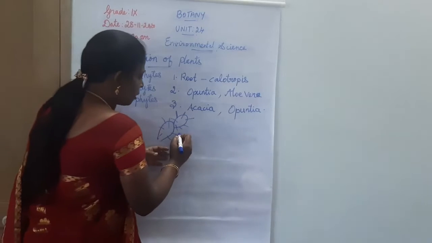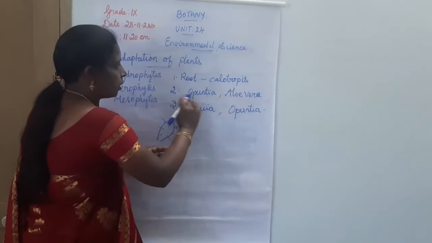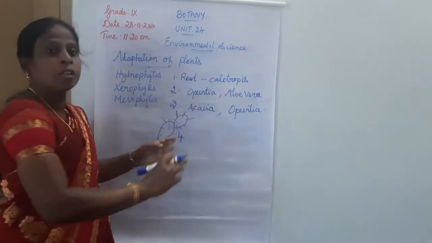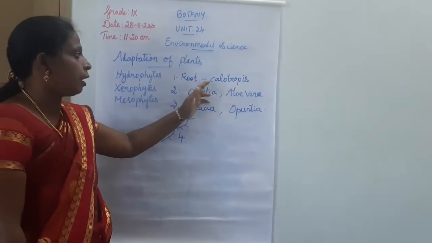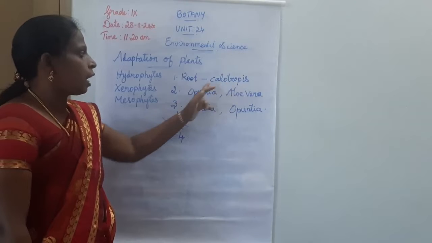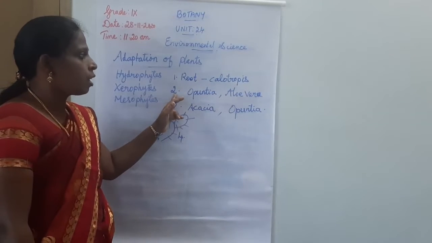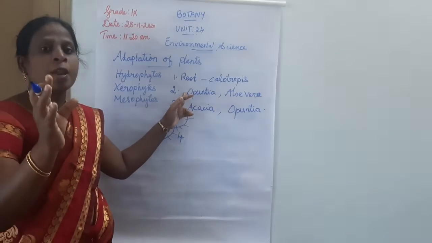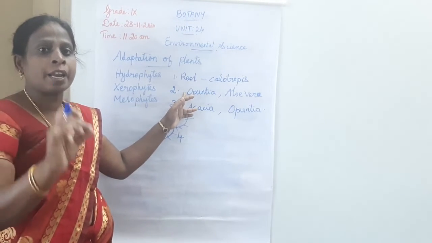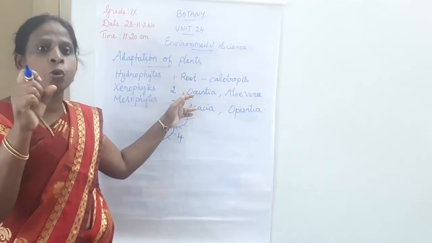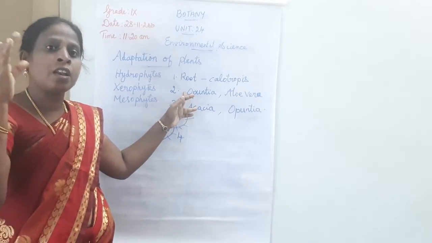The first one is root. About the root, the roots grow very deep into the soil where the water is available. Example, calotropis. Second one is the succulent plant part, which consists of parenchymatous tissue. They can store the water for a long time.